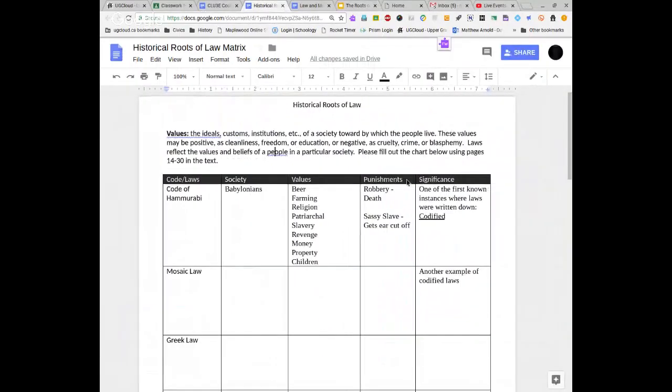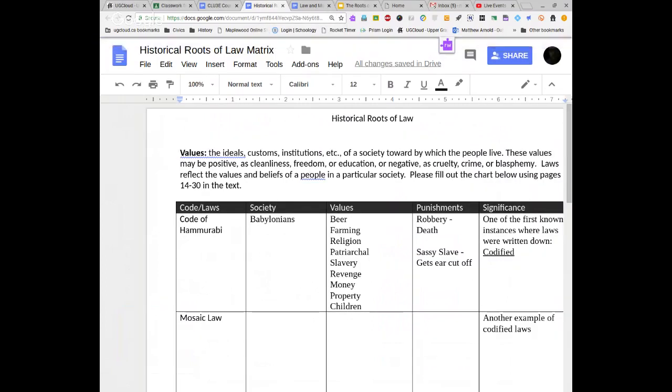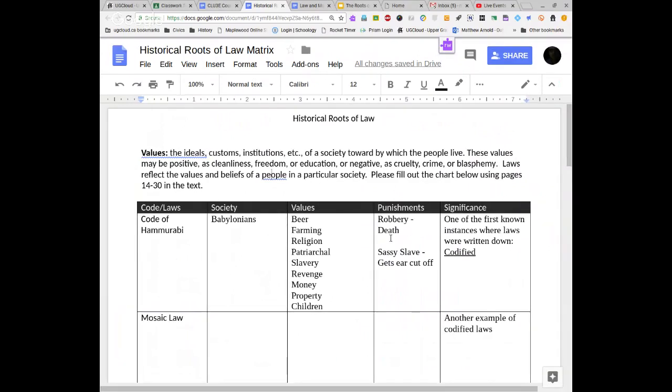This is the document here. What you are going to do is fill out information about the historical roots of law on this document. Now, it may be easier to work in a group and everyone fill out one section and come together with a completed document at the end.